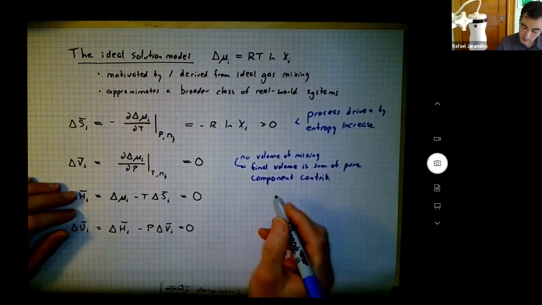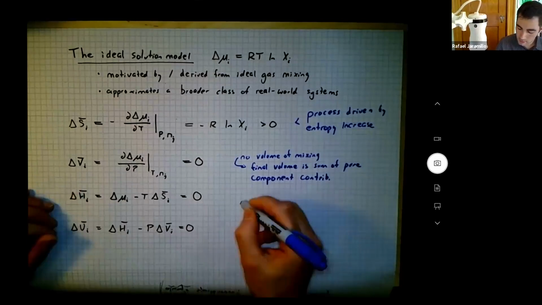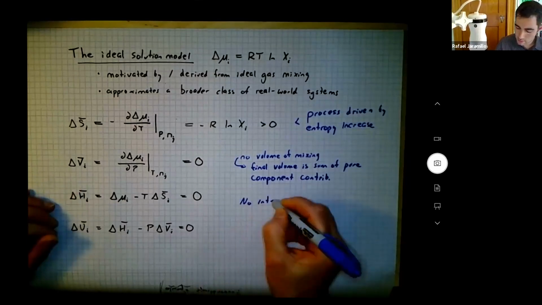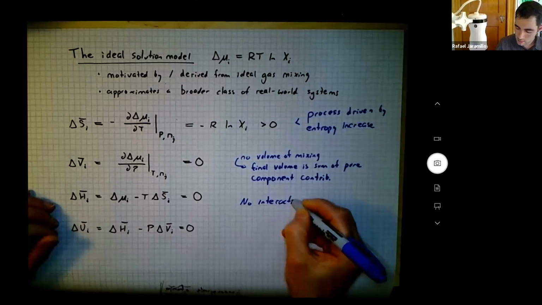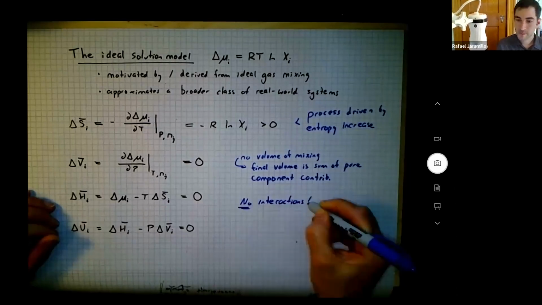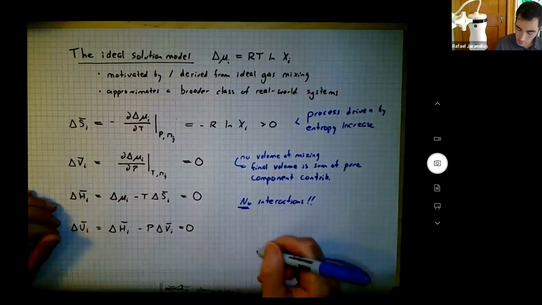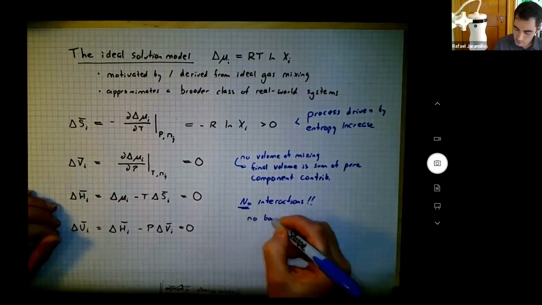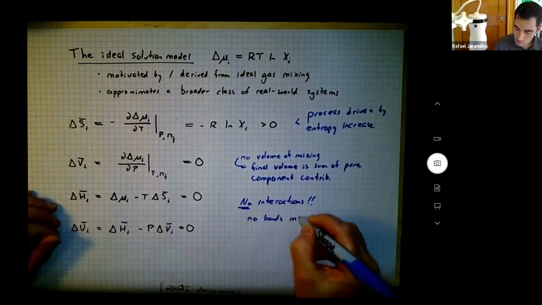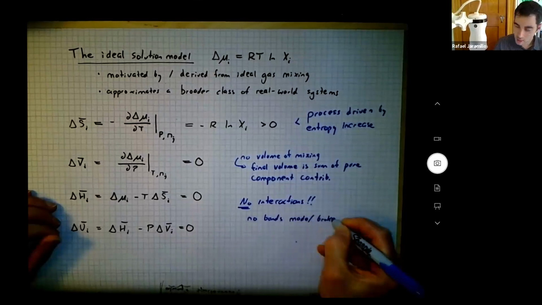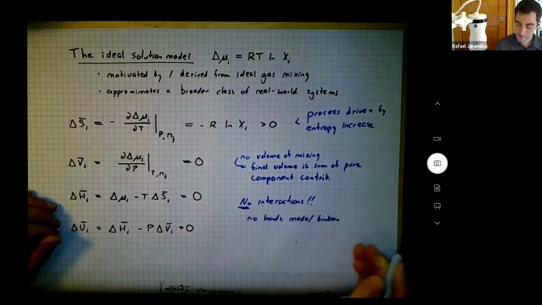And there are no interactions between molecules, right? That was a foundation of the ideal gas molecule, right? No bonds made or broken by the mixing process.